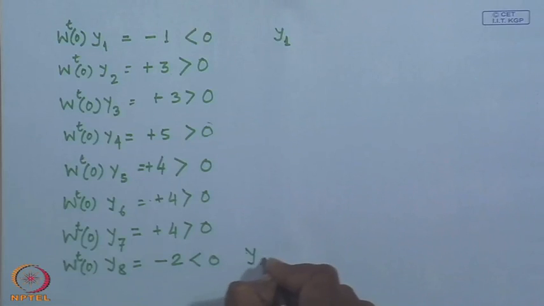That means, I have to consider this y 8 for modification of the weight vector w.